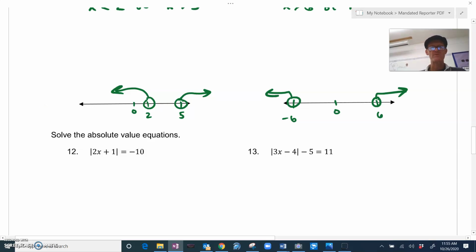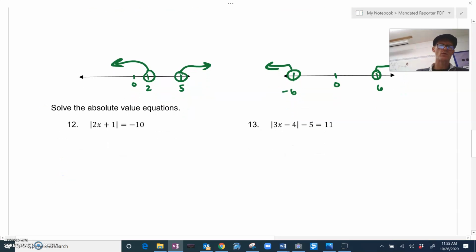Now, absolute value equations are 2 equations, drop the bars. So in this problem here there is no solution though. Right away you see that the absolute value is equal to -10, and the absolute value of a number is always positive.